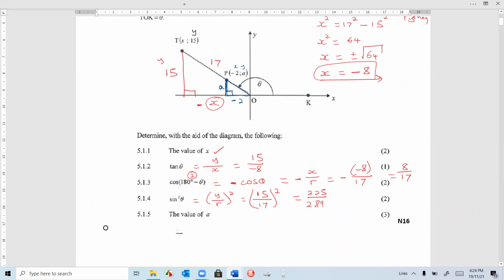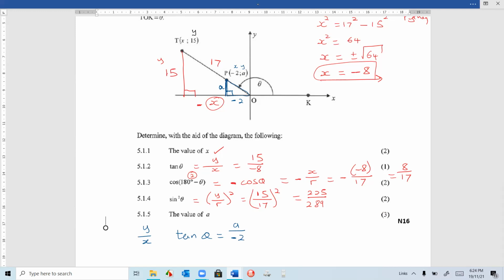So tan theta is equal to Y over X, and in the small triangle, the Y value is A, and the X value is -2.